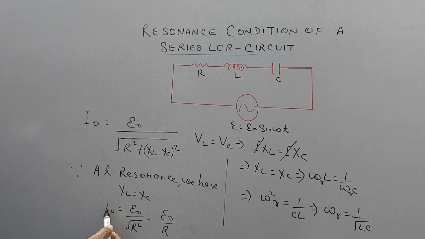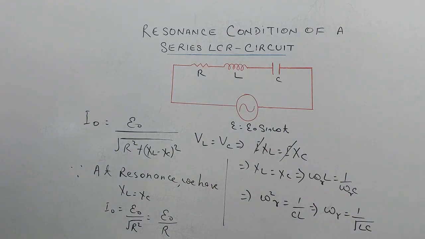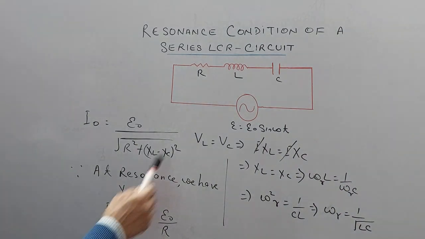So our current becomes very high. At this resonance frequency, we have maximum current flowing in the circuit.